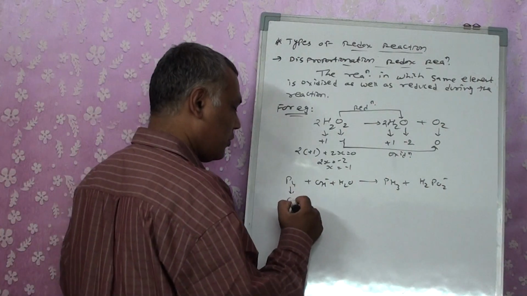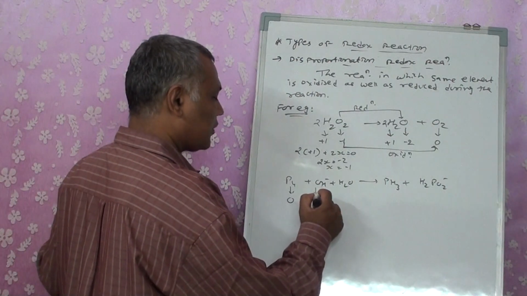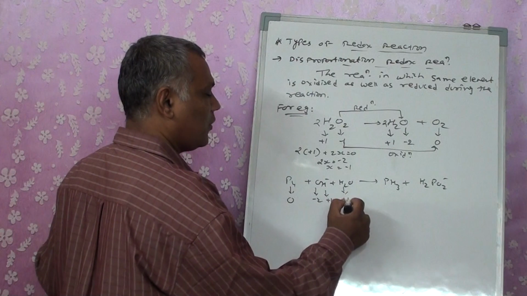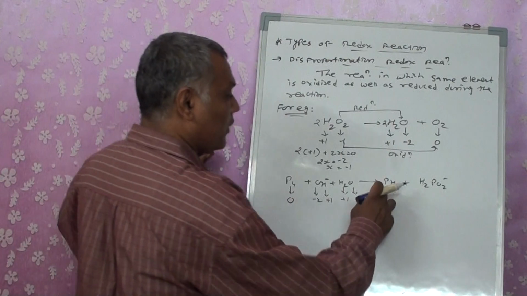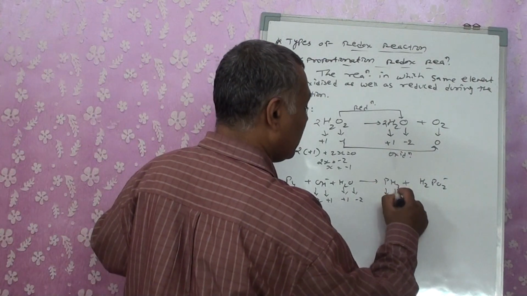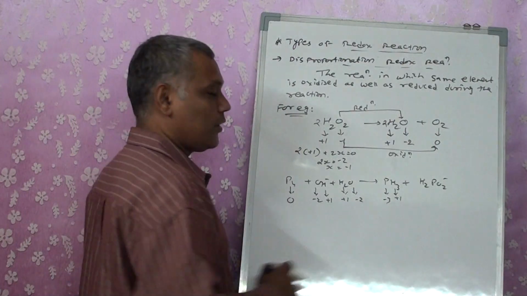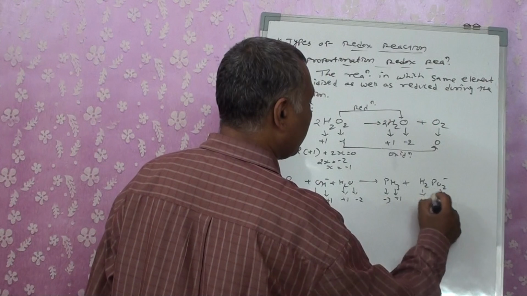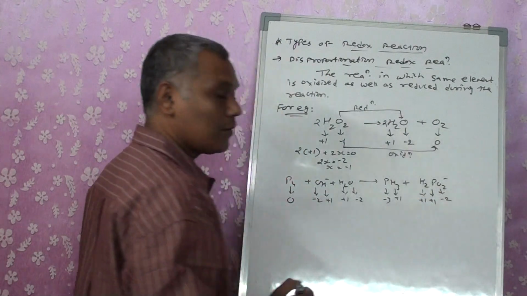So in that case what will happen? This is a molecule, so its oxidation number is 0. Here oxide is -2, hydrogen non-metal so it's +1, +1, -2. But at the same time, for PH3, hydrogen is +1, so phosphorus will be -3. In the other one, hydrogen is +1, oxygen is -2, so phosphorus will become +1.